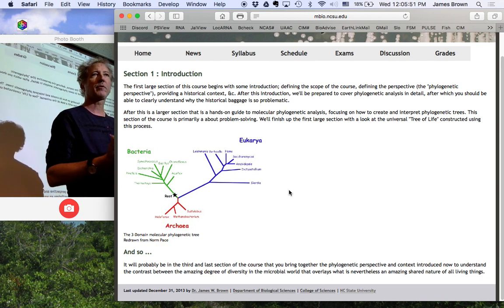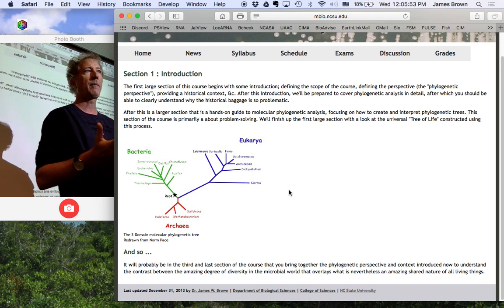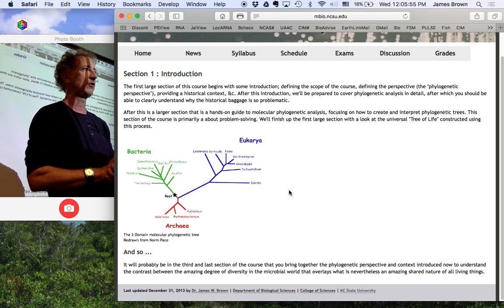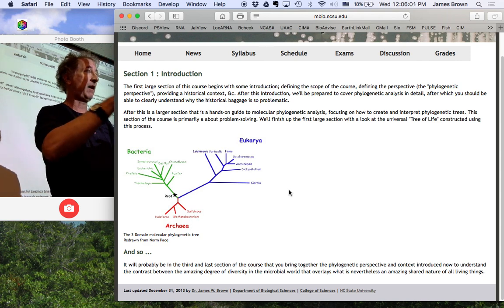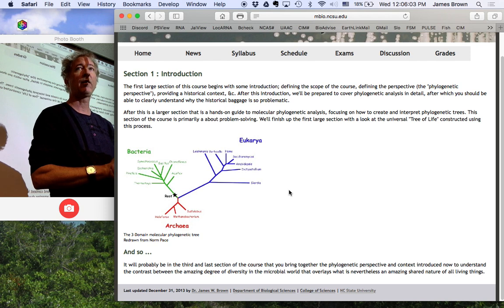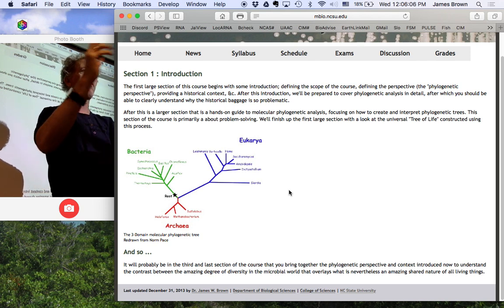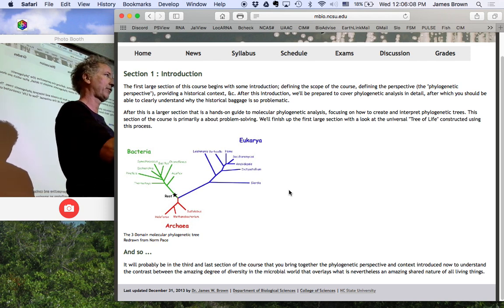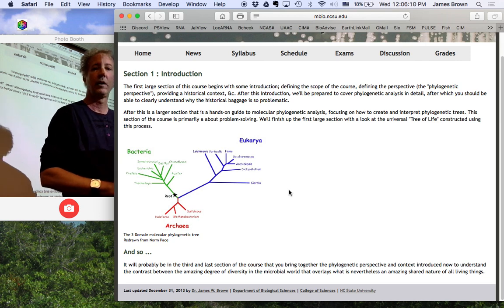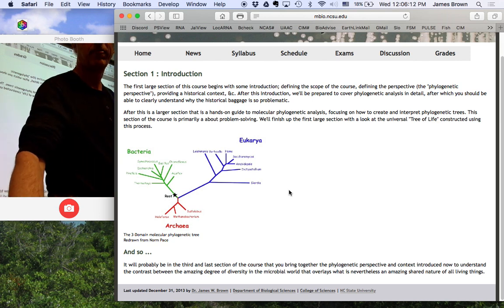The phylogenetic perspective argues that you ought to think about them in terms of how they're related to each other genetically. In the same way that when you think about animals, you divide them into phyla and so forth, rather than putting all herbivores together in a group and all carnivores together in a group, etc. We're going to do that for bacteria.